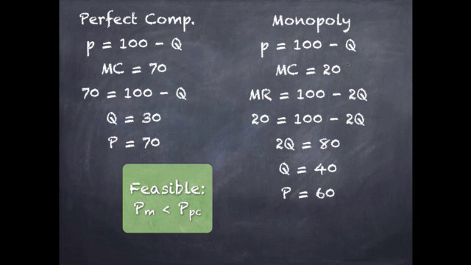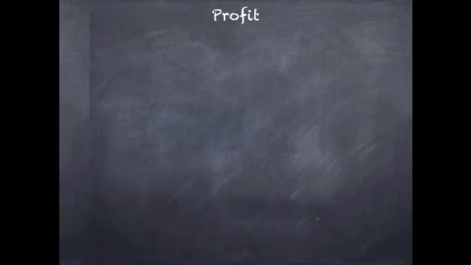Under the monopoly market, the firm is able to develop a new manufacturing process that significantly cuts marginal costs, and now they are acting as a monopolist, but with a very significant cut in their marginal costs. So even though it's a monopoly, the cut in the cost structure because of the research and development that was done causes the price to fall from 70 to 60.